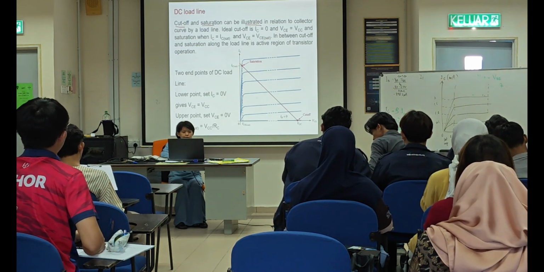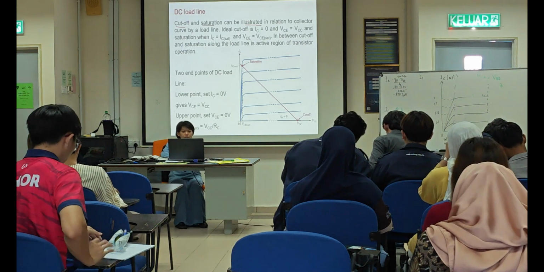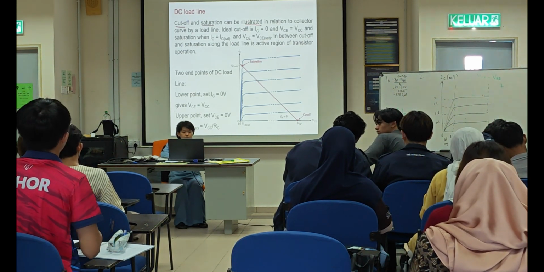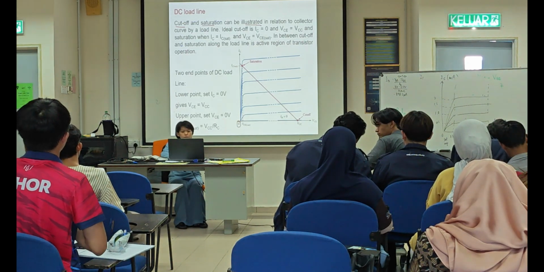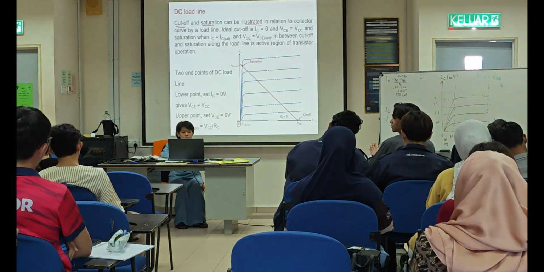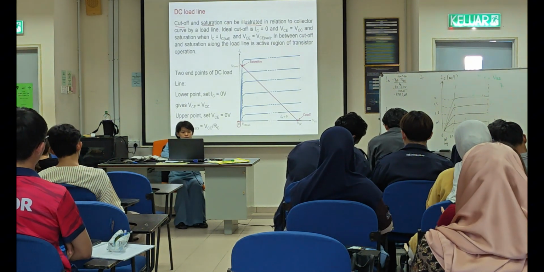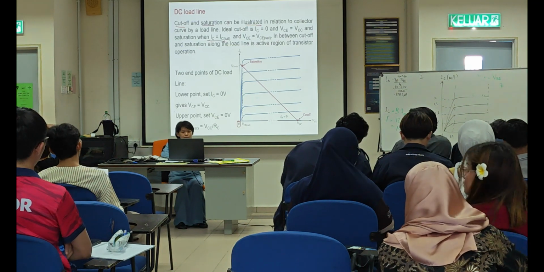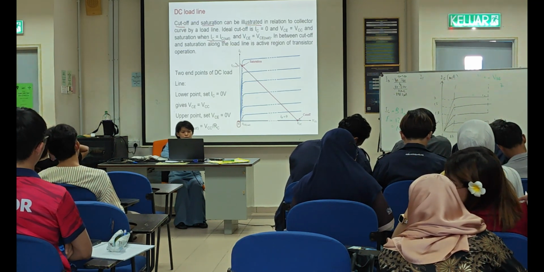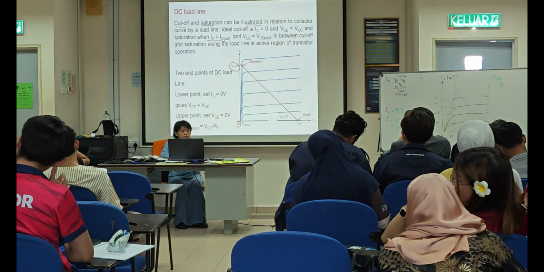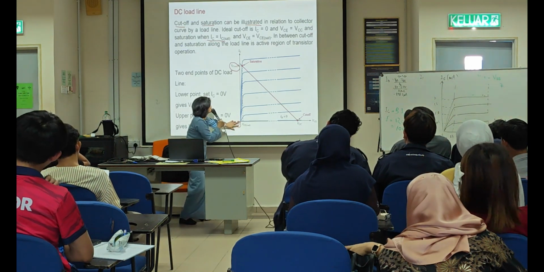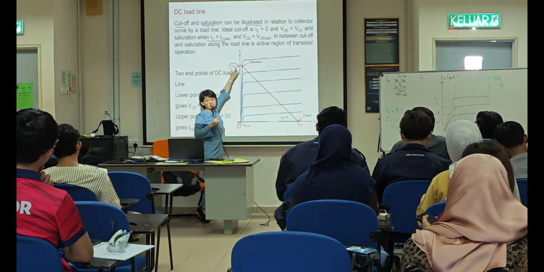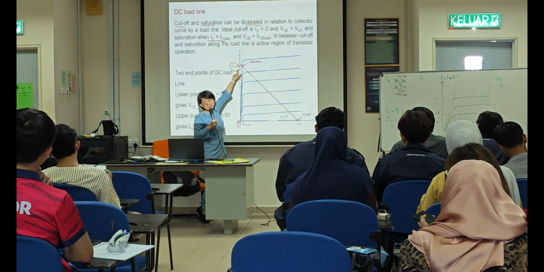In the ideal cut off, IC is 0, and VCE and VCC are the same. When IC equals IC saturation, it increases until maximum, and saturation happens.